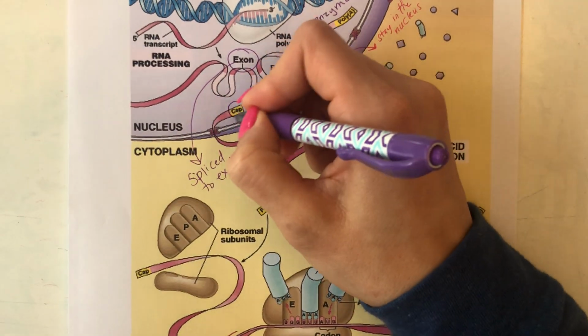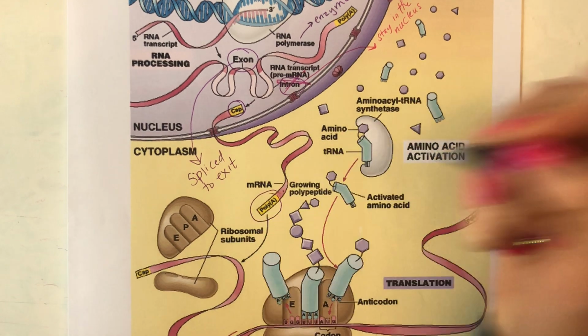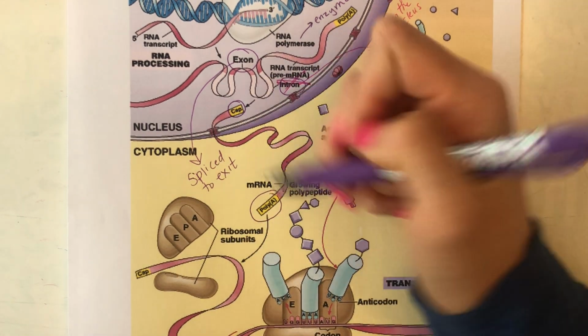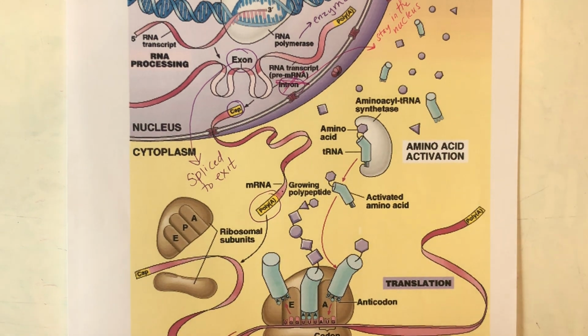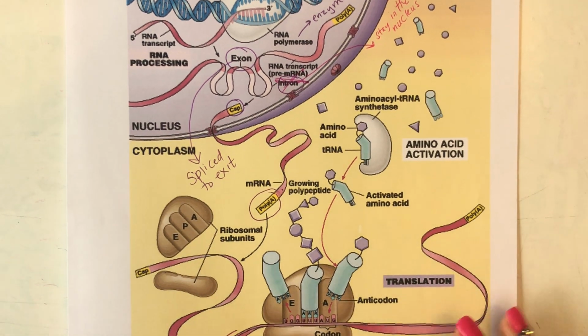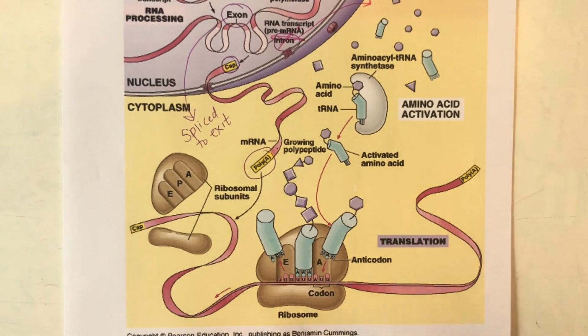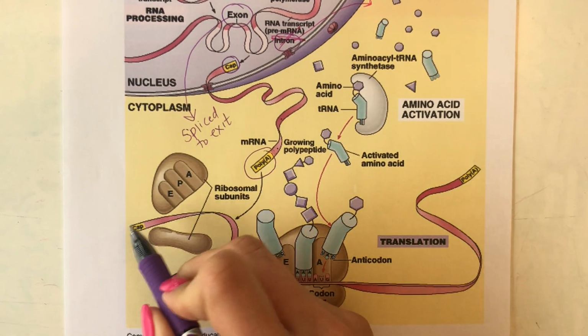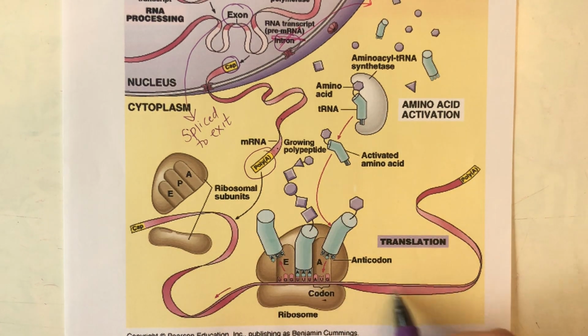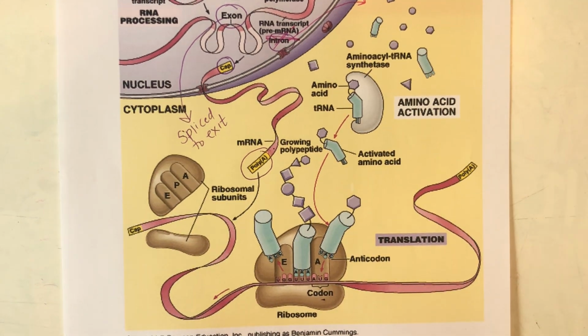There's going to be a cap put on it and a poly A tail. These are going to help the molecule from degrading, okay? It's going to give a starting point and a stopping point, and it's going to help it make its way to the ribosomal RNA. And that's what this is. This is our ribosome here. The ribosome is going to read through this message, and it's going to help build our protein.